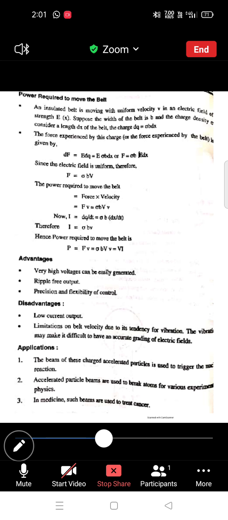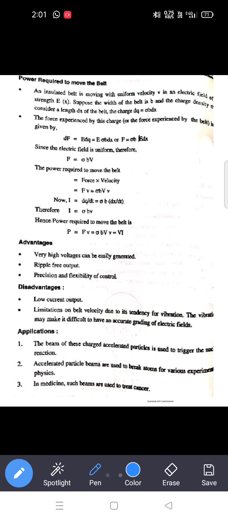The charge dq equals sigma times b times dx, the charge density times width times length of the belt. So the force experienced by this charge will be E times dq, and we can say that the force will be sigma b v.